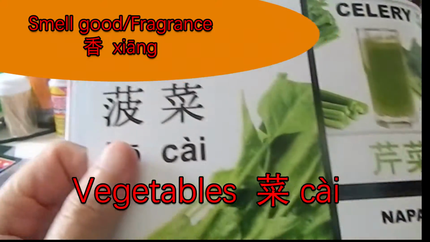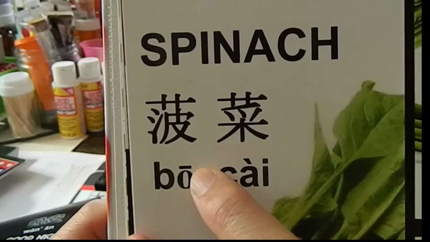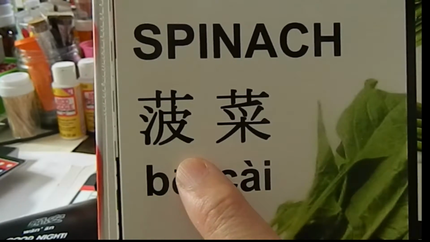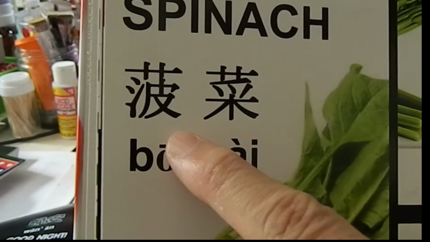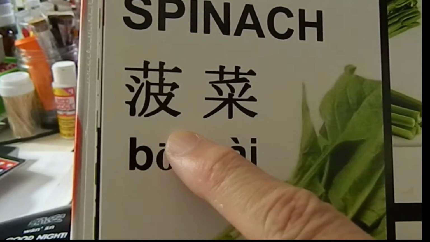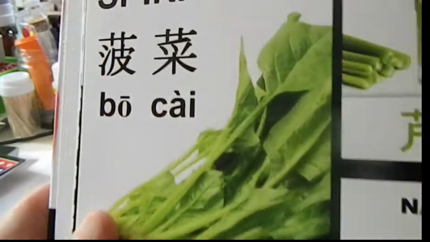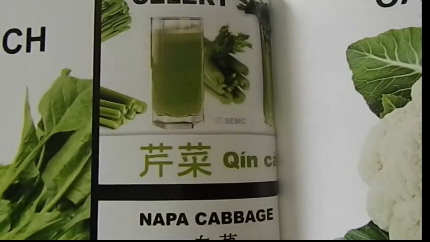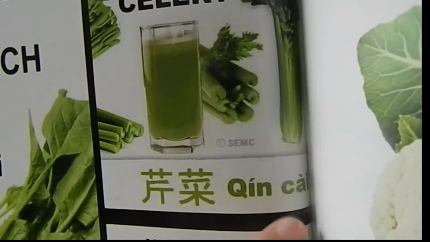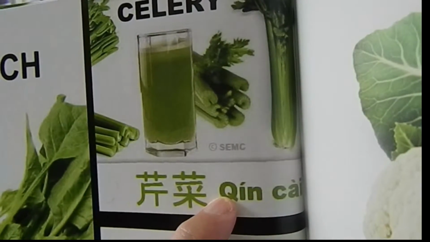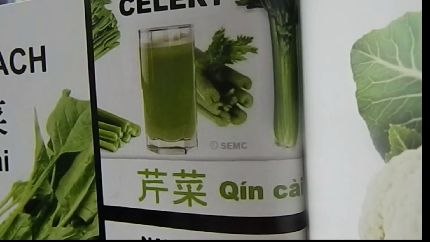Now, the next thing we call bo cai. This B, remember, sounds like P with no air. So you say bo cai. Bo cai means spinach. Now, celery. Celery we call qing cai. This sounds like CH. Qing cai. Don't say king cai, please.